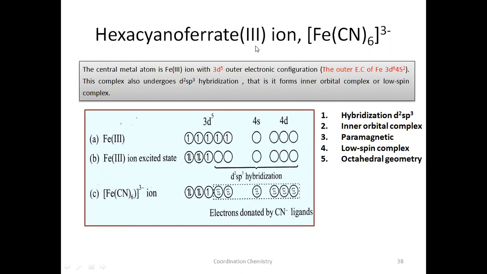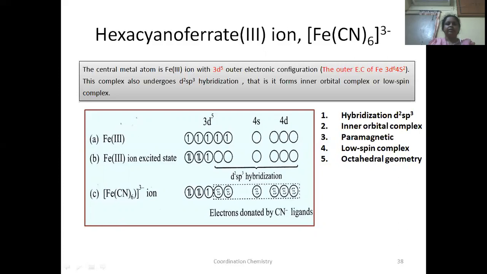Plus 3 means it should lose 3 electrons from this. When 3 electrons are eliminated from this configuration, what is the resultant configuration on iron plus 3 ion? We will get 2 electrons from 4s orbital and 1 electron from 3d. So the outer electronic configuration of iron 3 plus now becomes 3d5.